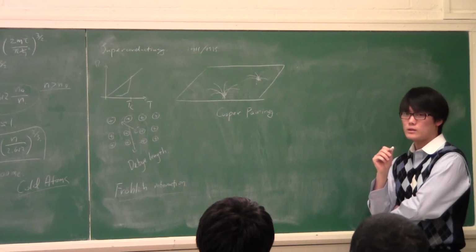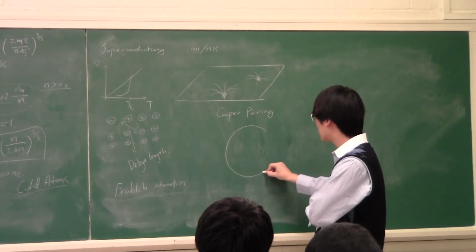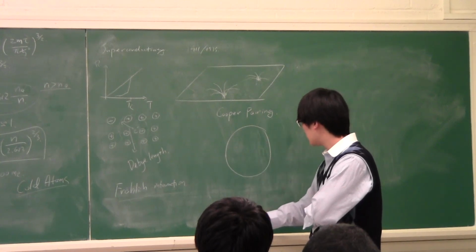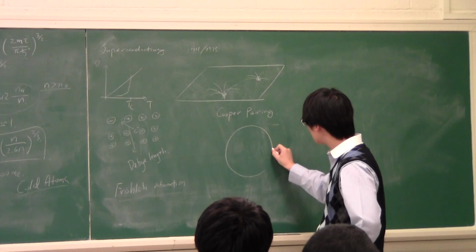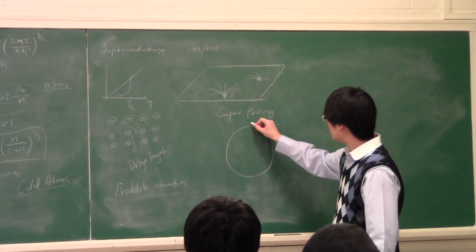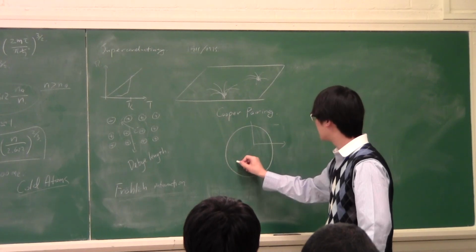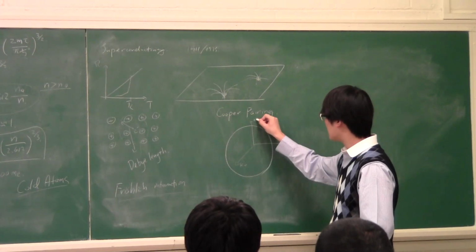form pairs. Remember the Fermi sea looks like a sphere, with axes kx, ky, and kz.